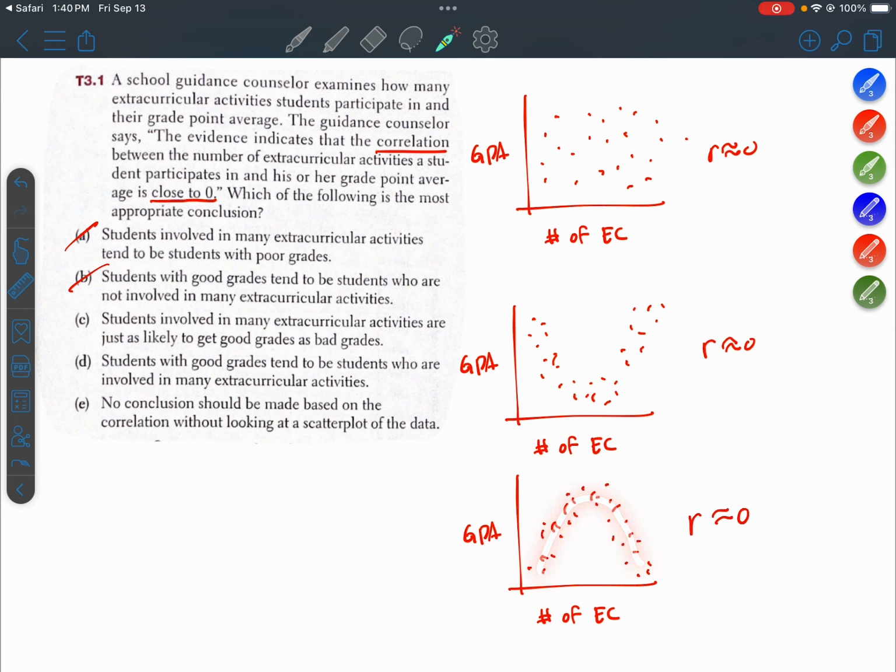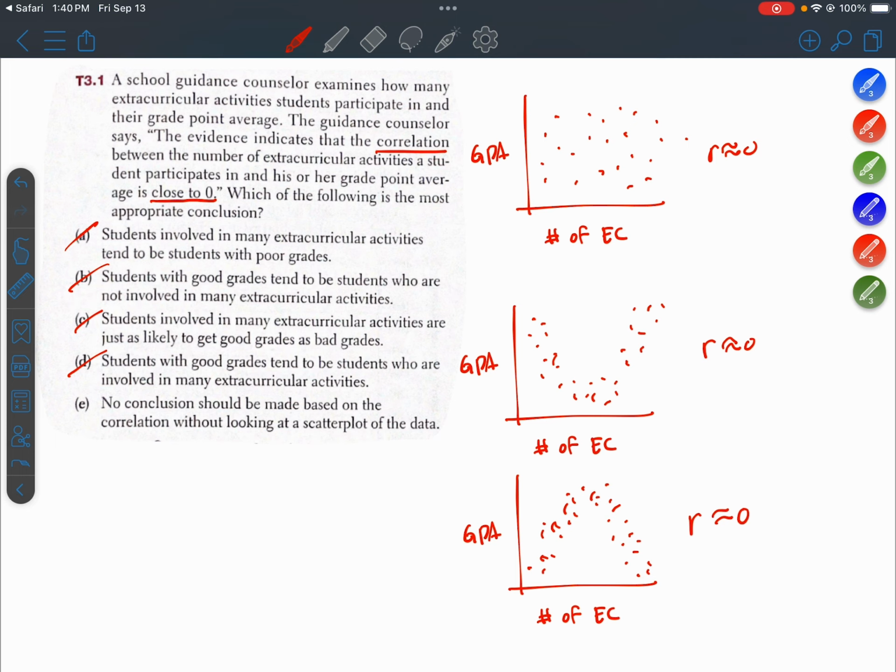If this is the relationship, then those students tend to get bad grades. So yeah, I don't think C is the best choice either. D, students with good grades tend to be students who are involved in many extracurricular activities. Well, that would be true for this relationship, but would not be true for this relationship. So that statement isn't going to be true all the time.